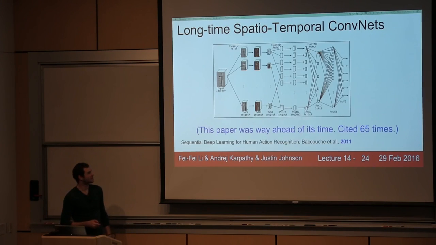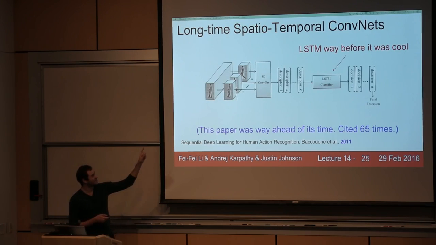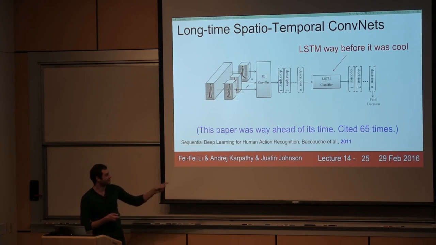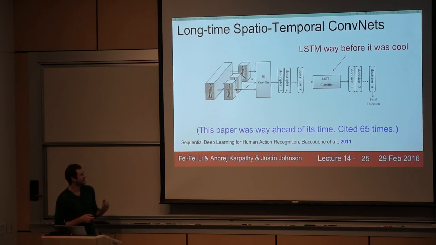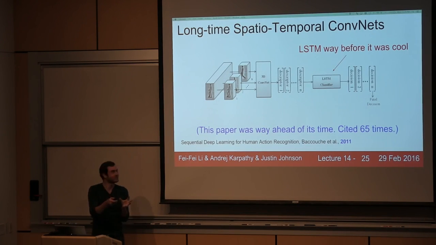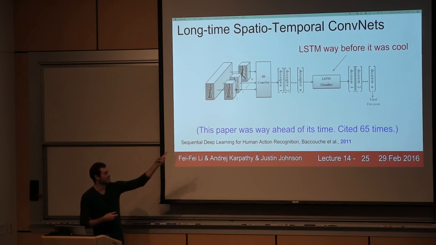So if you go back to this paper that I've already shown you from 2011, it turns out that they have an entire section where they take this and they have an LSTM that does exactly that. So this is a paper from 2011 using 3D conv and LSTMs way before they were cool. And so this paper basically has it all. They model little local motion with 3D conv, and they model global motion with LSTMs.